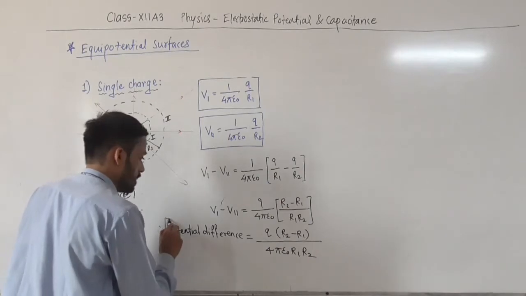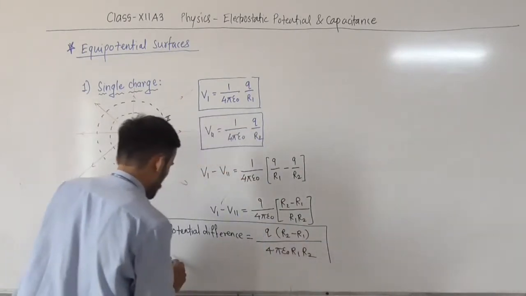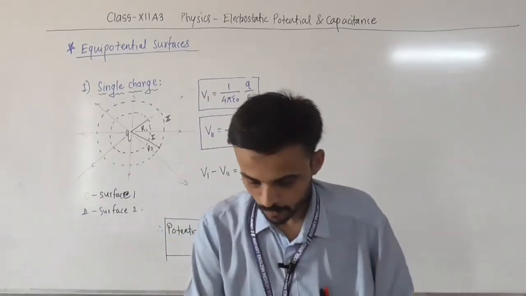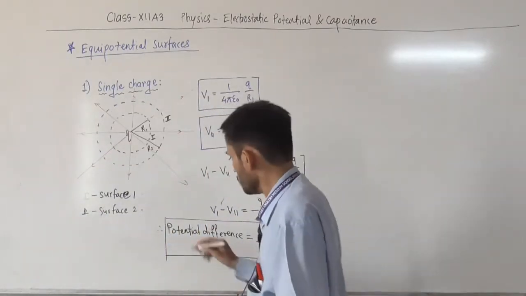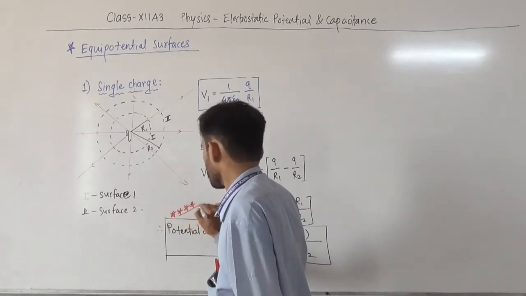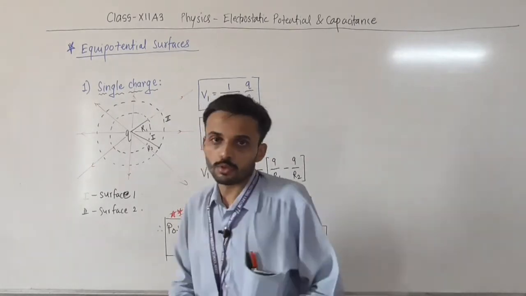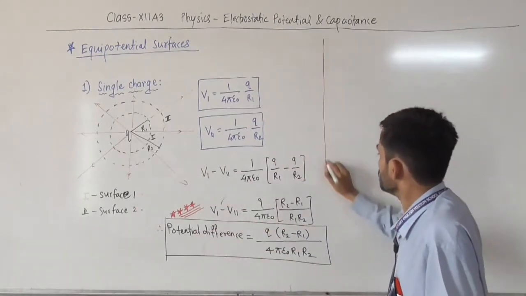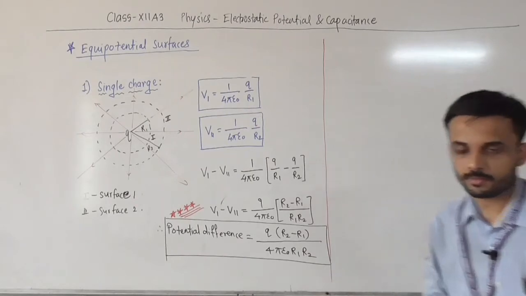This is the very important formula which will be helpful a lot for you. As your problem solving is concerned, this formula will help you a lot. So I will suggest you to note this down, then we will go for the next one. Okay. So note this down.